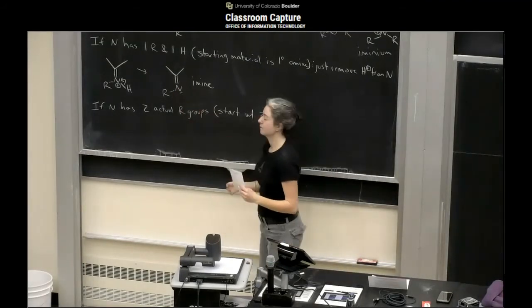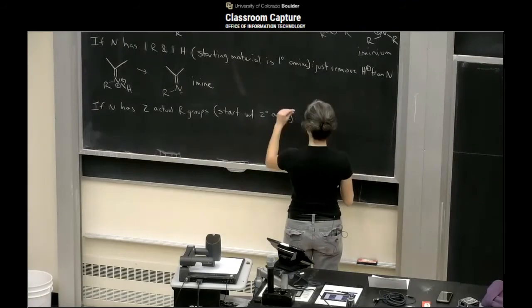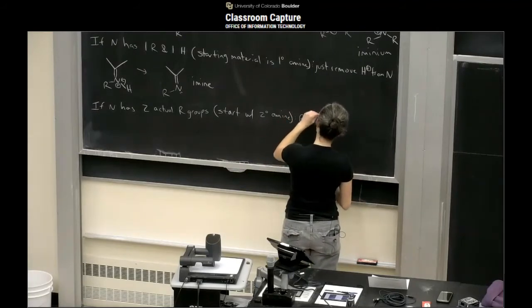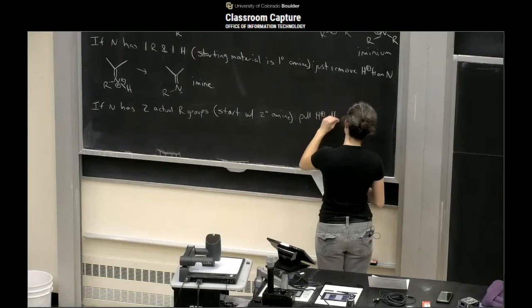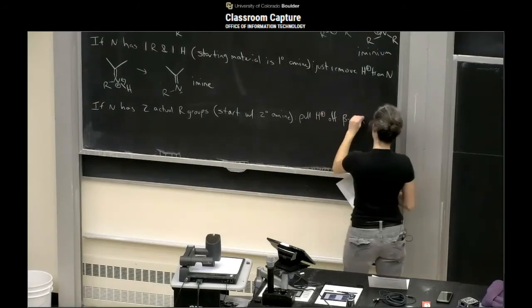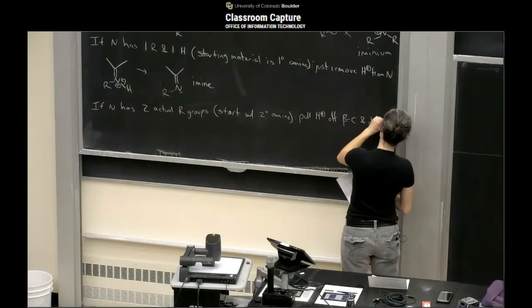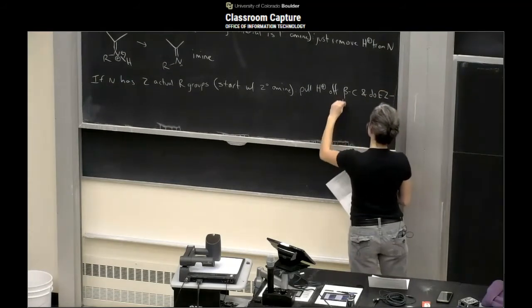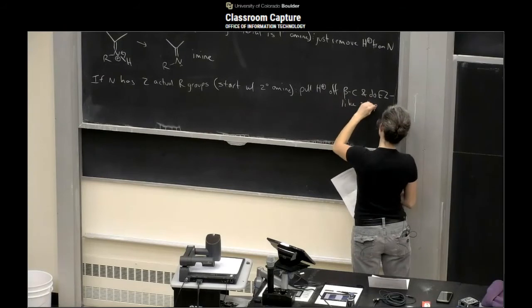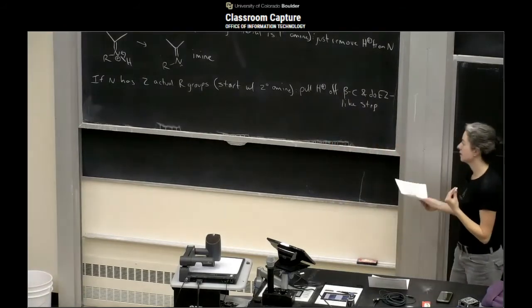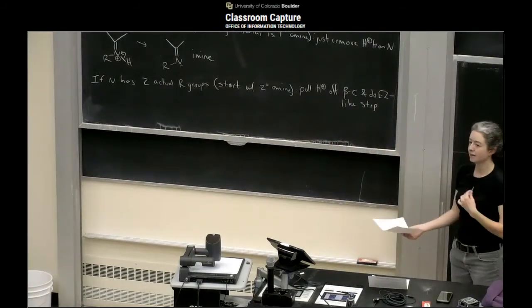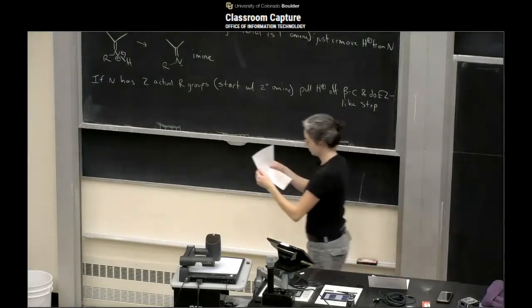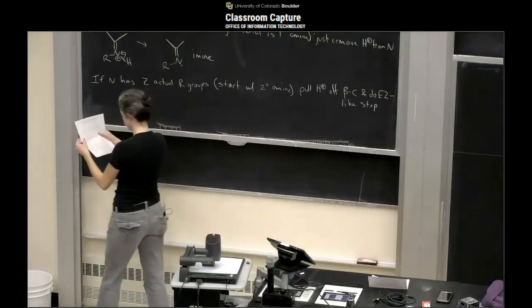So it's kind of like we're doing an E2. It's not exactly an E2 because we're not kicking out an entire leaving group. What we are kicking out is the pi bond to the nitrogen. Okay, so how that looks.